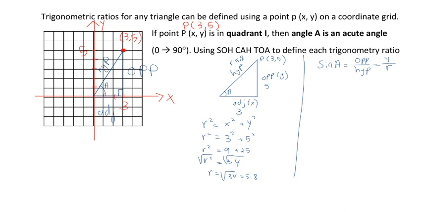How about cosine? Adjacent over hypotenuse, which is x over r. And how about tan?